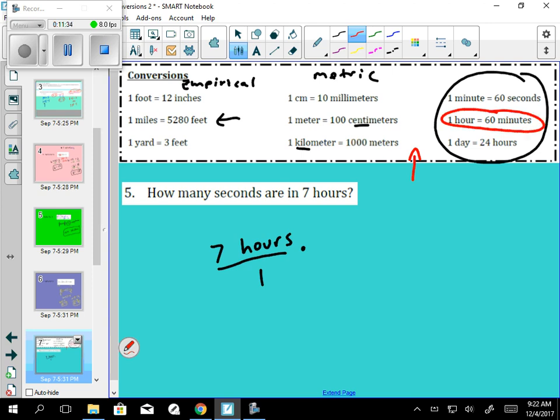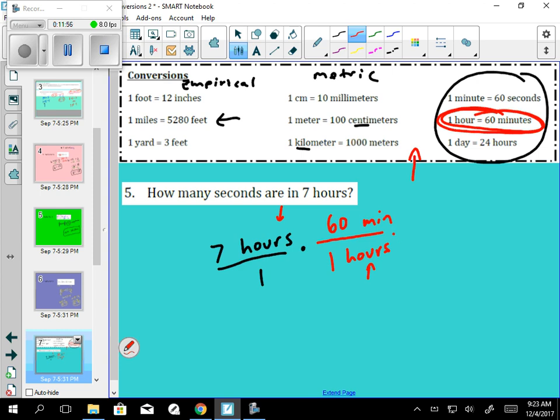So how many minutes in an hour? 60. Now, to do this, we want our units to cancel out. So if hours is on top here, we want hours on bottom here, because anytime you are multiplying, if you've got something on top and something on bottom, they cancel out. So 1 hour is the same as 60 minutes. That's this conversion we just wrote down.